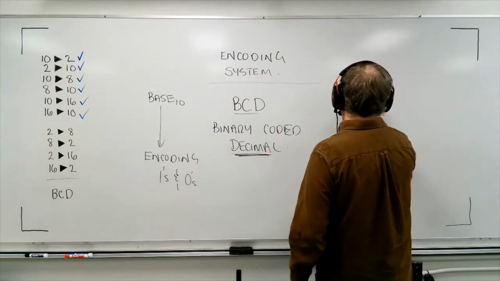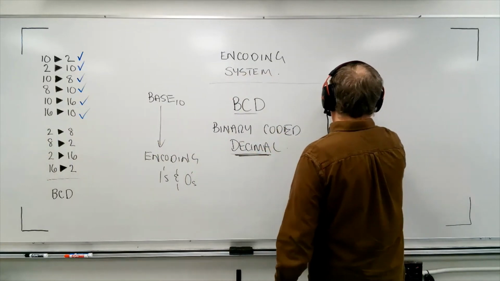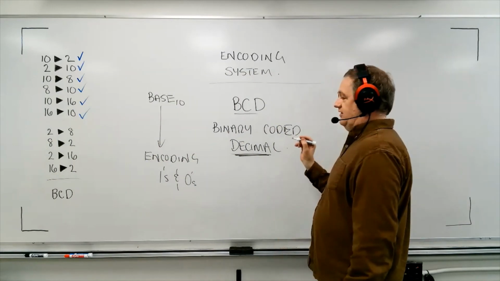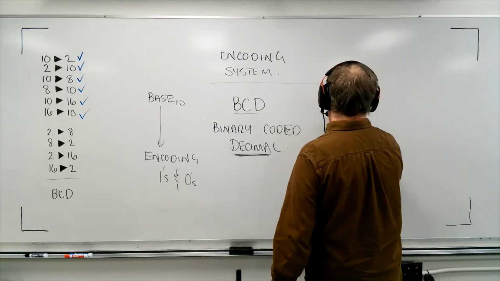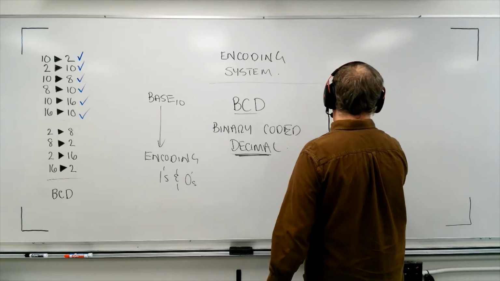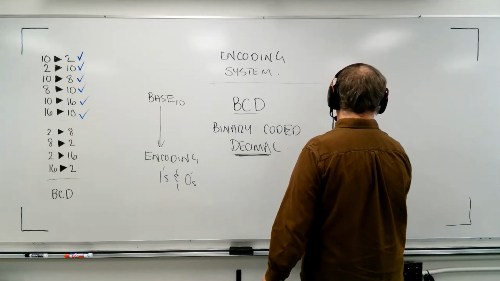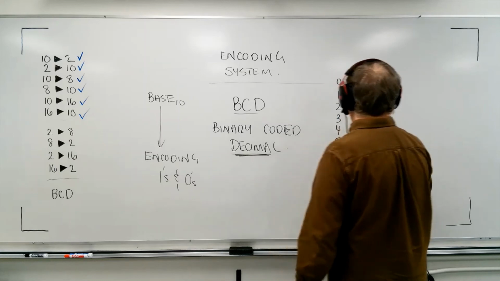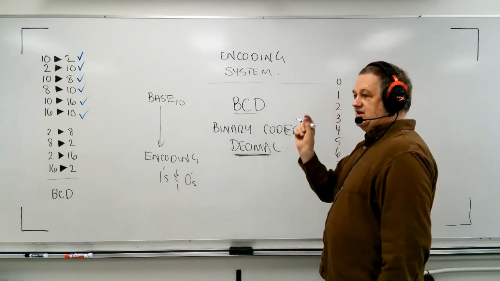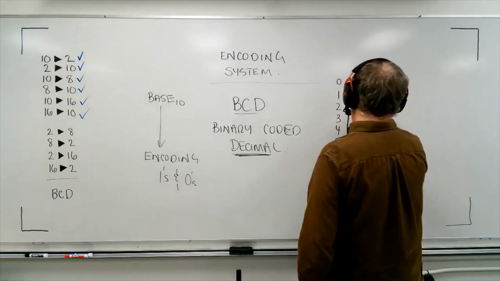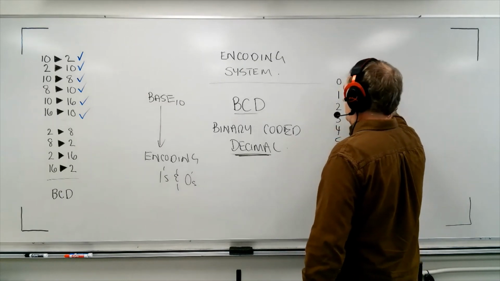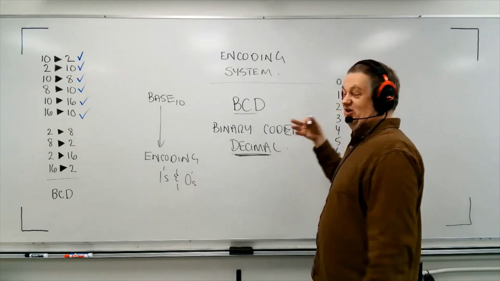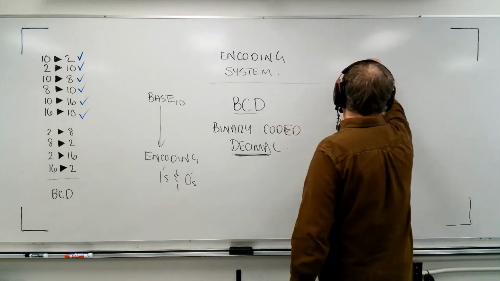In BCD, we look at each of the unique symbols in the decimal system, which are 0, 1, 2, 3, 4, 5, 6, 7, 8, and 9, and we generate a 4-digit piece of code for each. Remember, it's binary coded decimal, so it's going to look a lot like binary. But this is BCD.